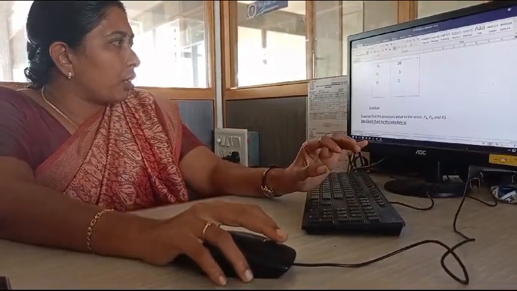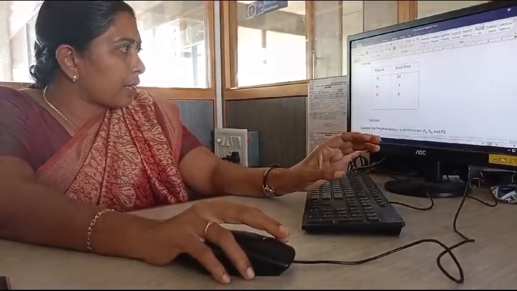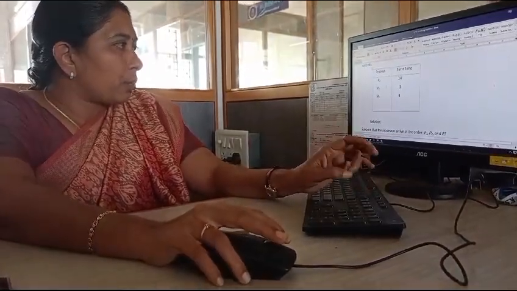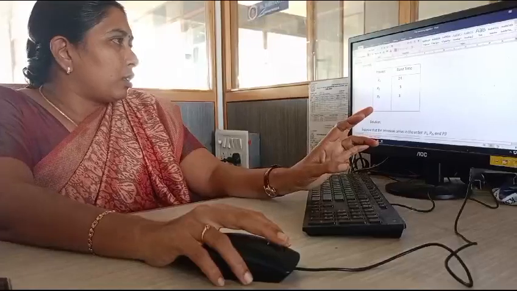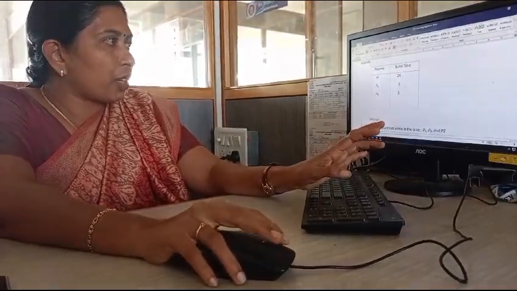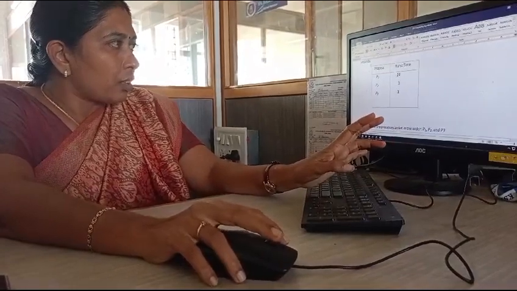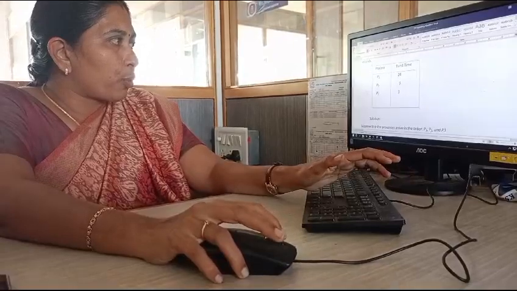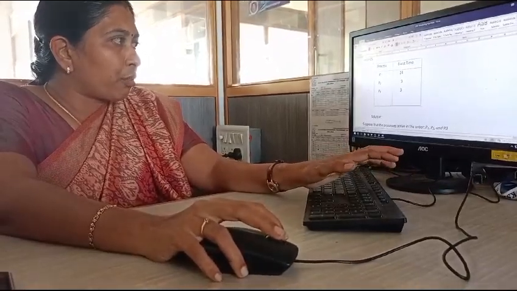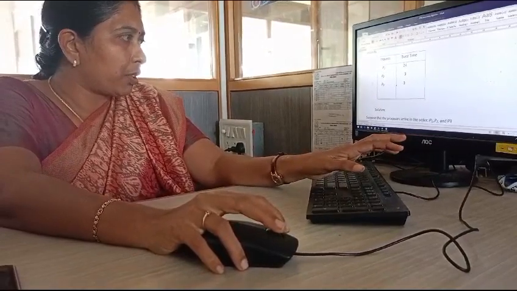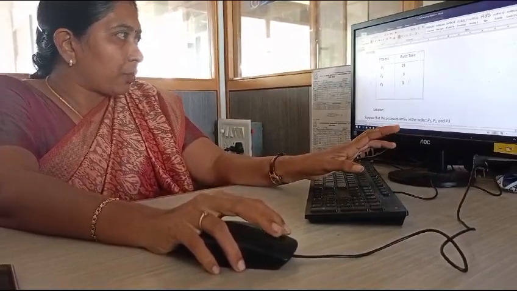Here the processes P1, P2 and P3 are three processes which are going to execute, and for each process execution a separate burst time is given. That is, burst time is the time taken to complete that process. For process P1, it takes 24 milliseconds. For process P2, it takes 3 milliseconds, and for process P3, it takes 3 milliseconds.